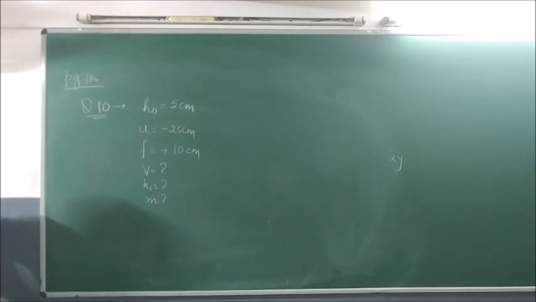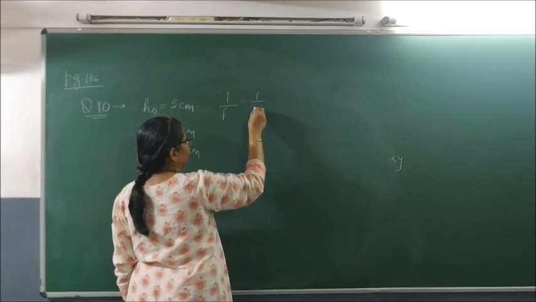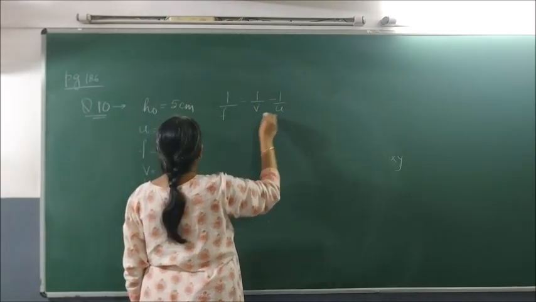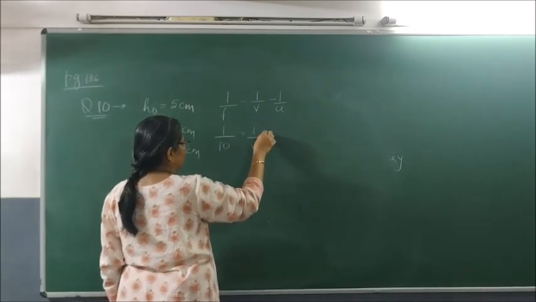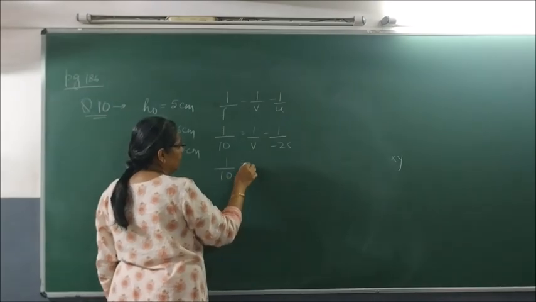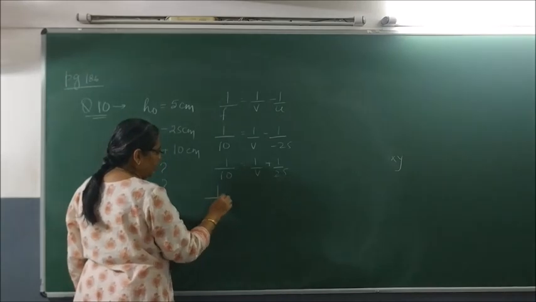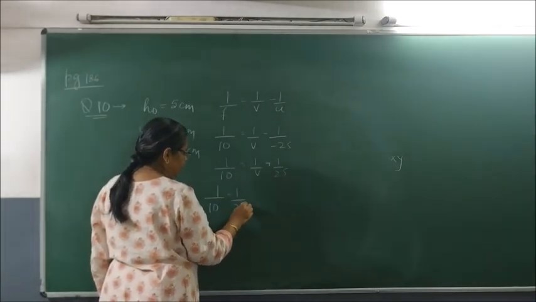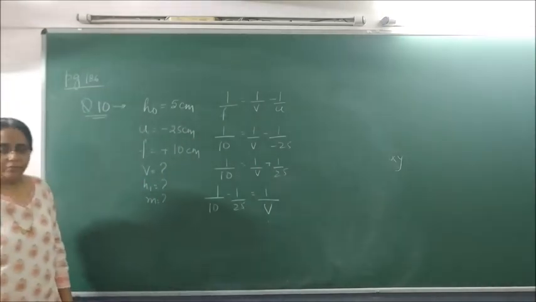So this is the data given to us. The height of the object is 5 centimeter. U is minus 25 and F is plus 10. Which formula to use? Lens formula. 1 by F is equal to 1 by V minus 1 by U. We have 1 by 10 is equal to 1 by V minus 1 by minus 25. So 1 by 10 is equal to 1 by V plus 1 by 25. You will get 1 by 10 minus 1 by 25 is equal to 1 by V. LCM 50.